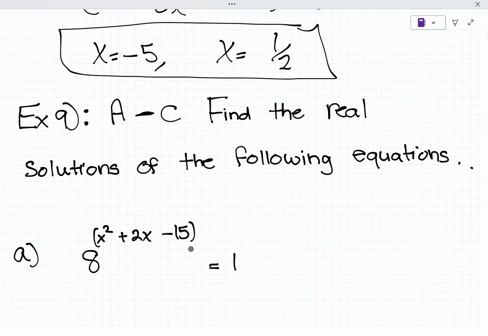Try to get the same base, and then once you have the same base, ignore the base and bring down the power.